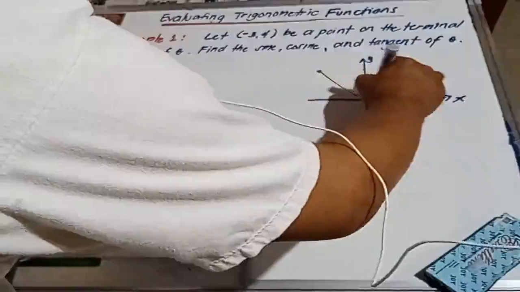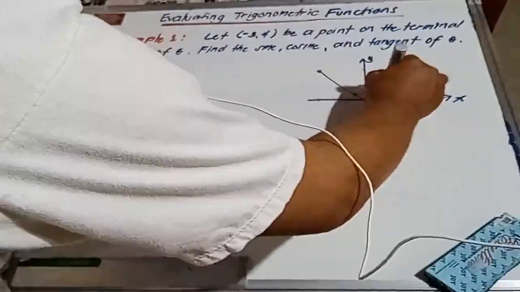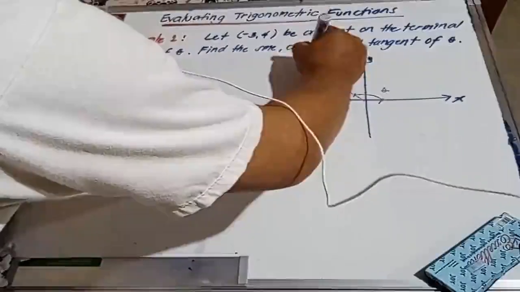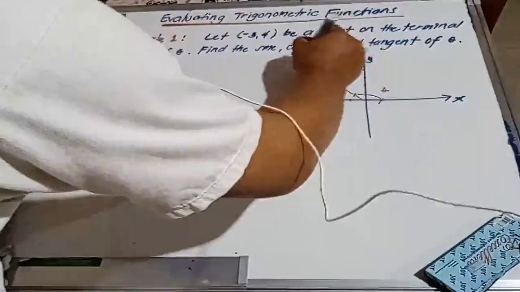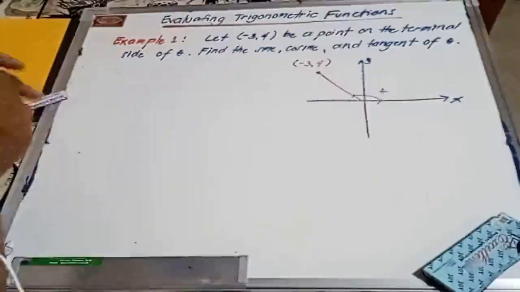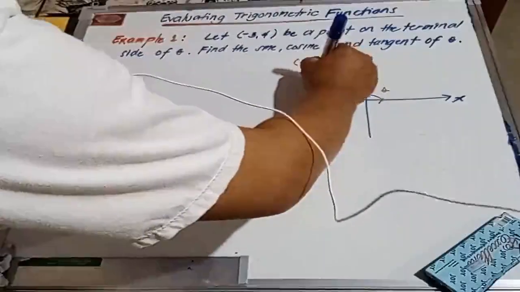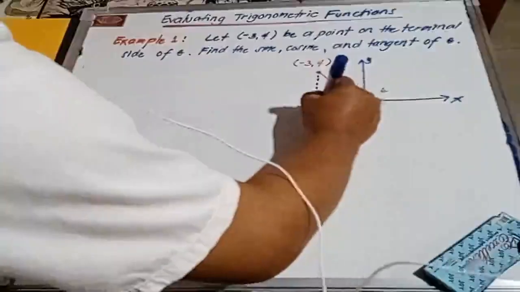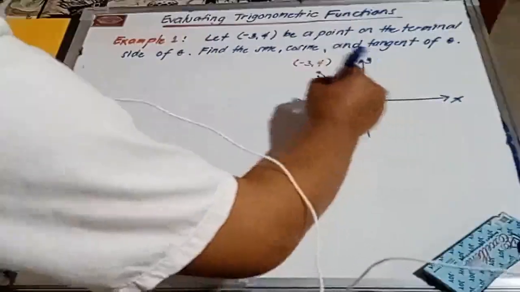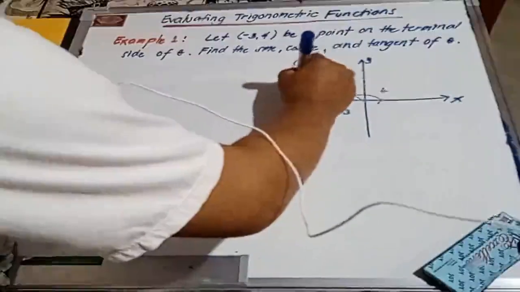Ito yung ating angle na si theta. Okay. So, ito ay negative 3, 4. Yan. Ito yung x equals negative 3. Ito yung y equals 4.